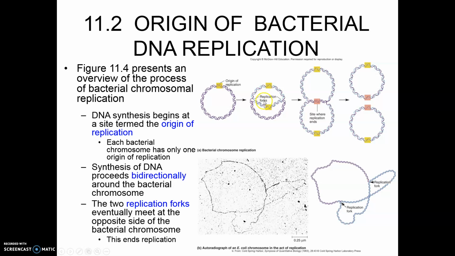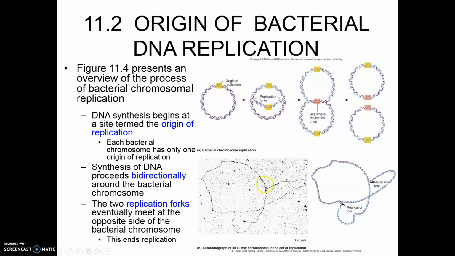These are referred to as replication forks. This will continue to progress around until we finally reach the site where replication ends. And then at some point there, magically, the process ends by the replication forks running into each other, and then stopping, and the DNA is separated.